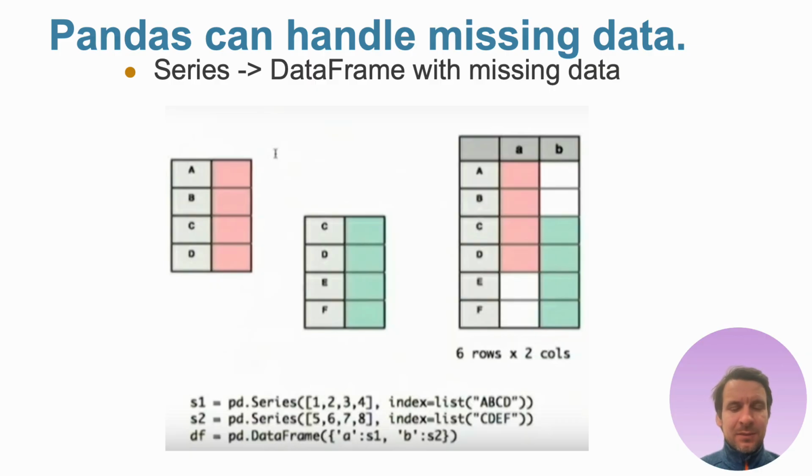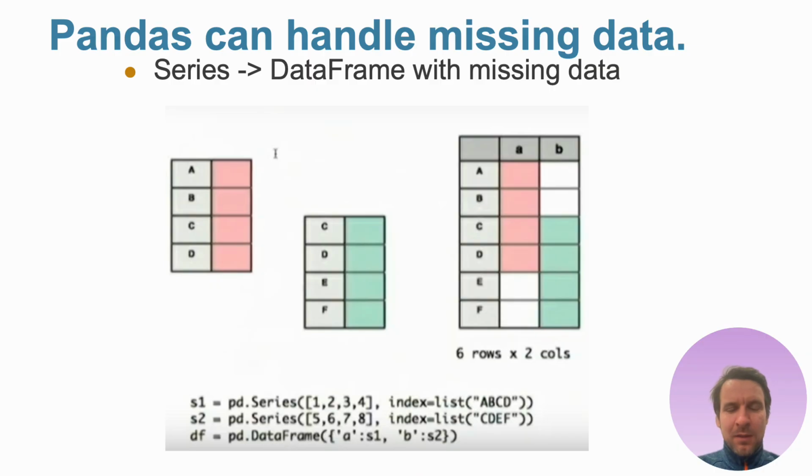And then you say that the series S1 will be column A and the series S2 will be column B. And if you create a data frame this way, the indices are combined, and then you can see the red data appear in the red blob on the data frame on the right, and the green appear in the green part.